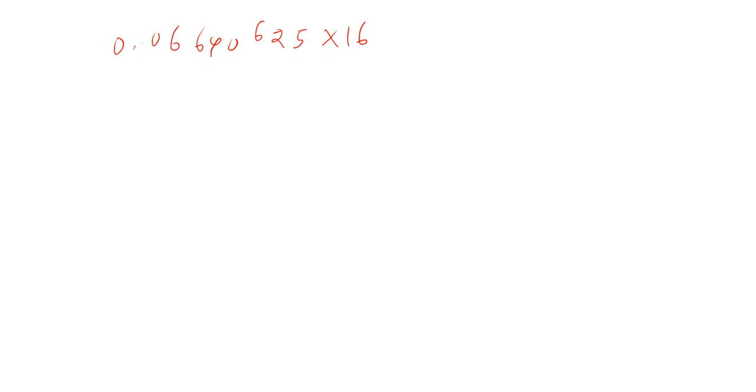So let's have our product here, and then our hex digit that we will extract from the product. When you multiply, you get 1.0625. You take the whole part as the hex digit we extract, and the decimal part is the one multiplied in the next step.